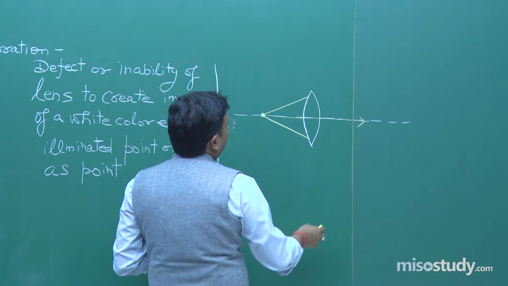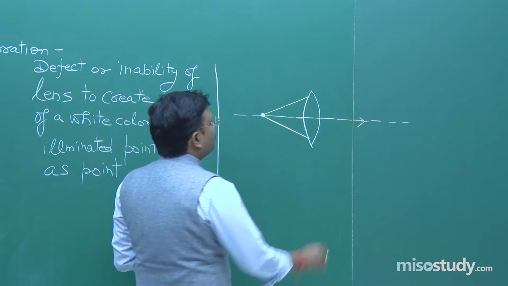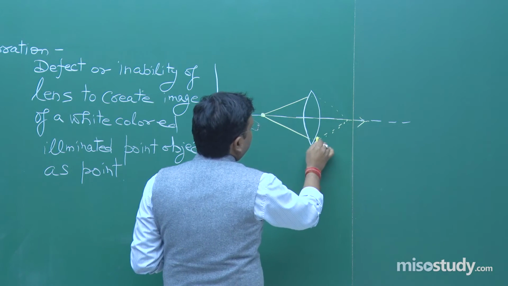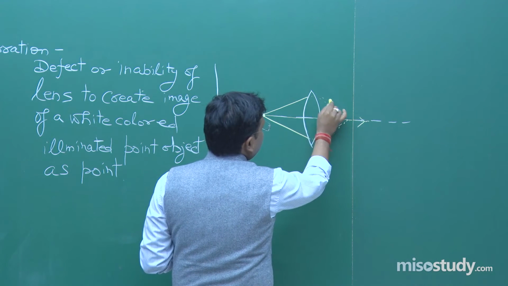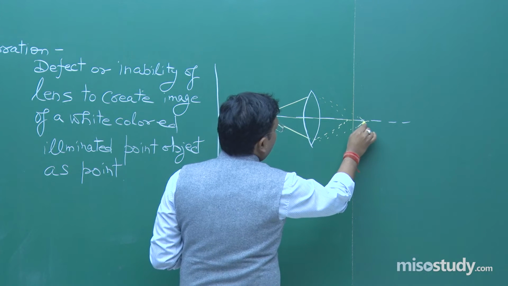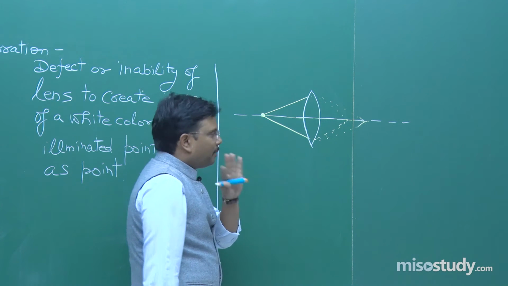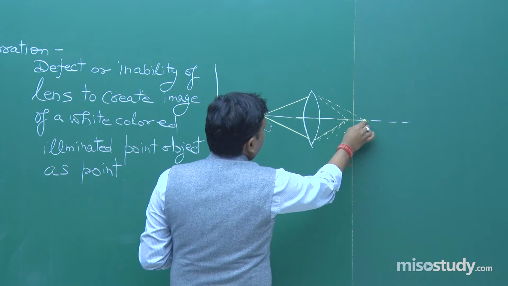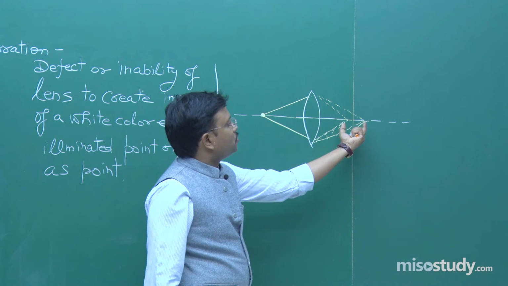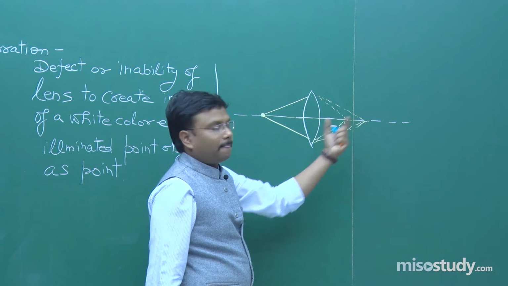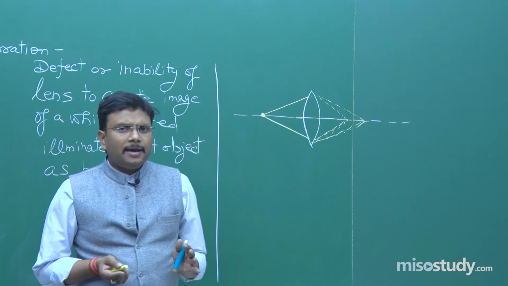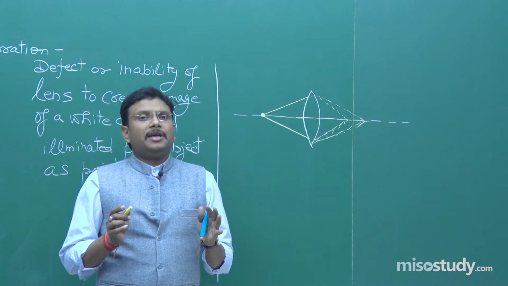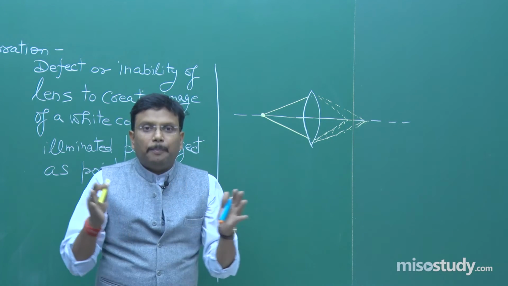What will happen? This lens will produce the image on this side not as a point, but extended, blurred and colored. It is a point object, but you can see the image in this fashion. So a point object illuminated by white light gives an image that is colored and blurred.